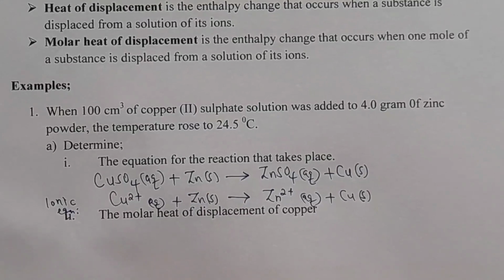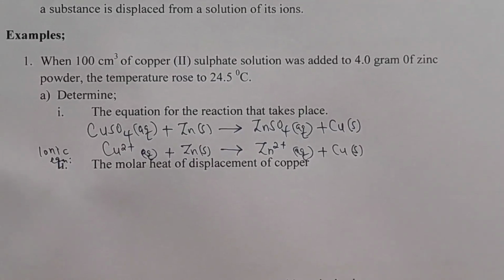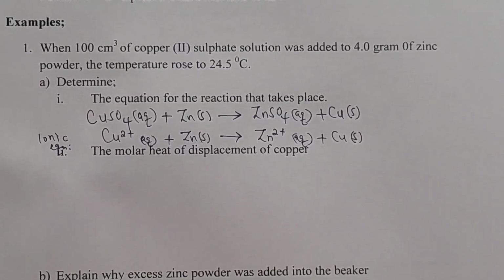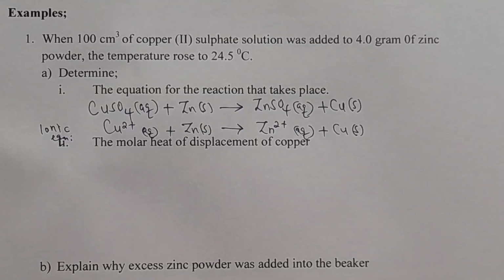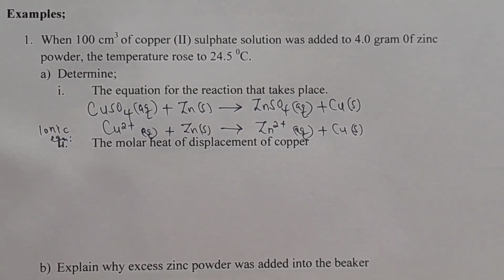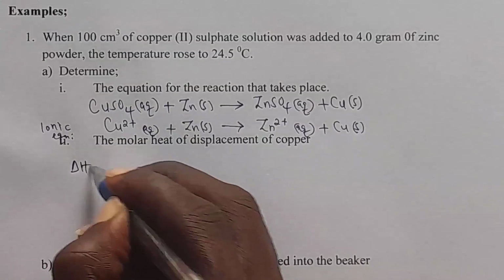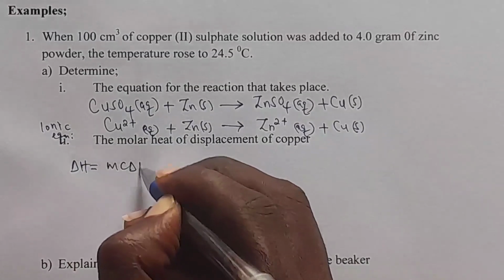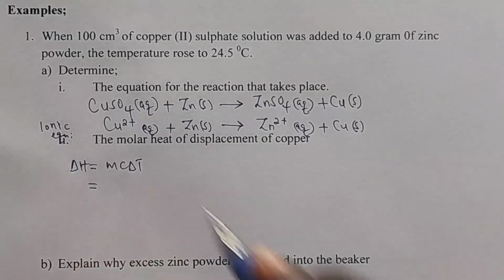Okay, number 2. We are told to determine the molar heat of displacement of copper. The procedure is the same as when we were dealing with molar heat of solution and molar heat of combustion. You have to first get the enthalpy change. Enthalpy change is given by mc delta T, where m is the mass of the solution.